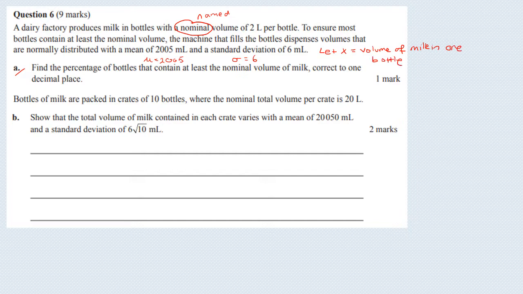most of you are going to be tempted now, I think, to say that to work out the standard deviation, we're going to get a new variable. If we've got 10 bottles, we're going to say we want to work out 10X, and E of 10X equals 10 times E of X, and the variance of 10X equals 10 squared times the variance of X. That's going to be your temptation, but that is incorrect.